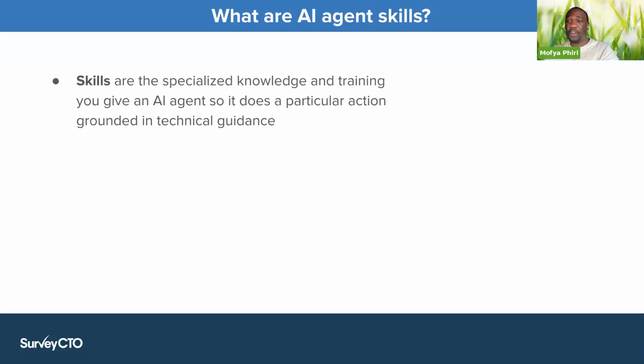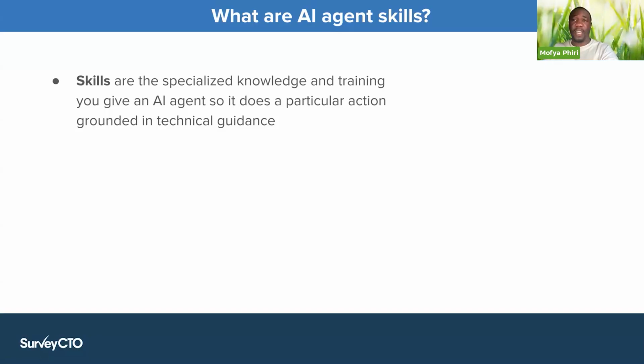The SurveyCTO skill, for example, contains everything the AI needs to know about SurveyCTO: how an XLS form is structured, how the survey, choices, and settings worksheets work together, the rules for writing expressions, what field plugins are, and so on. Once you give this skill to the AI assistant, it stops being a general helper with general information about SurveyCTO and becomes a SurveyCTO specialist.